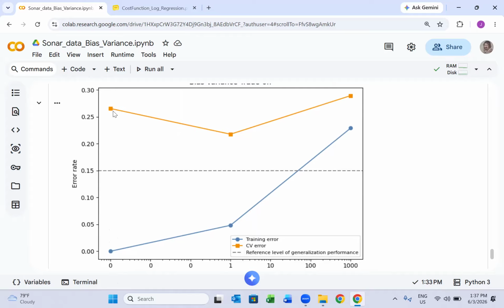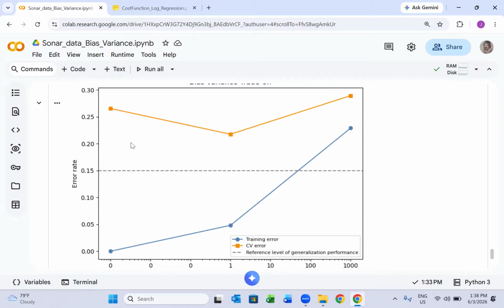And that, guys, is the first indication of a high variance situation, okay? A model exhibiting high variance will show this pattern where it does much better on the training data than on the validation data. And that's what is happening right here. That's the first sign of a high variance model.